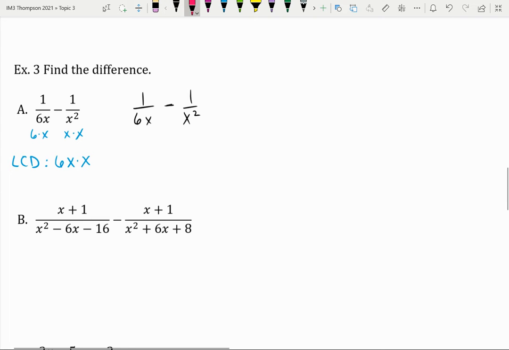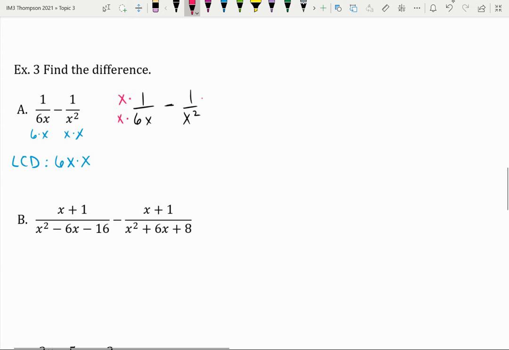So I'm working to get the common denominator. I need 6x squared. So on the left-hand side, I need an x. Whatever I multiply by on the denominator, I have to do in the numerator.